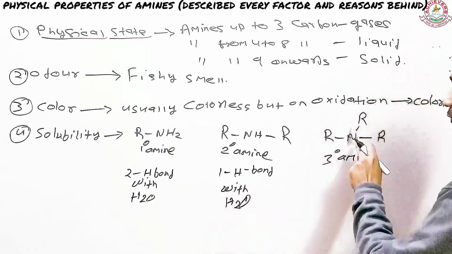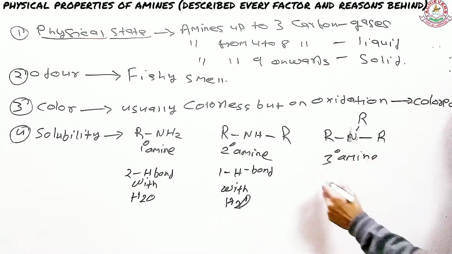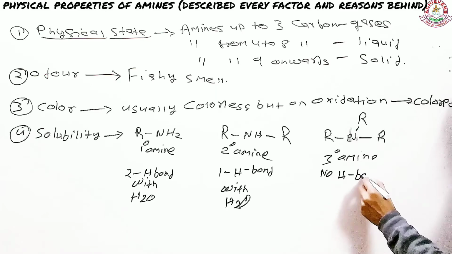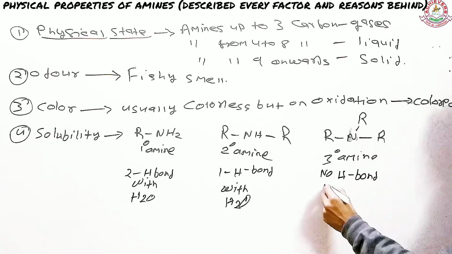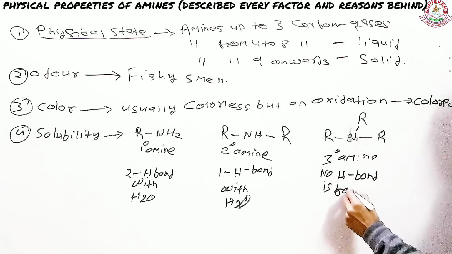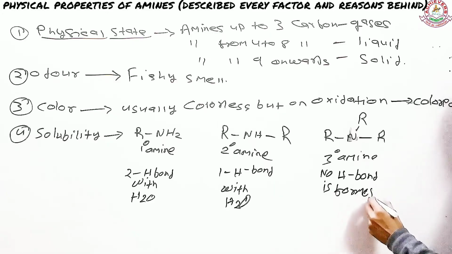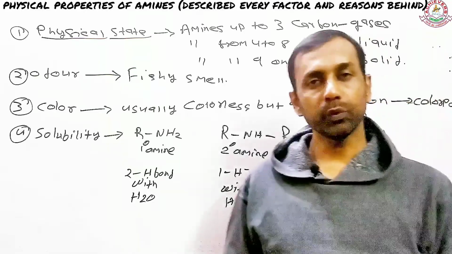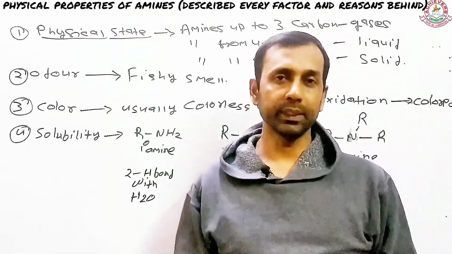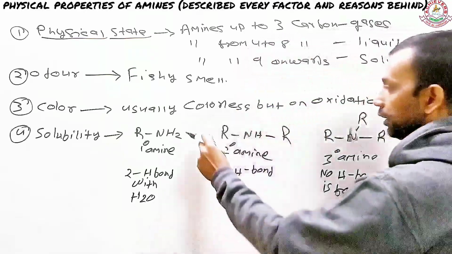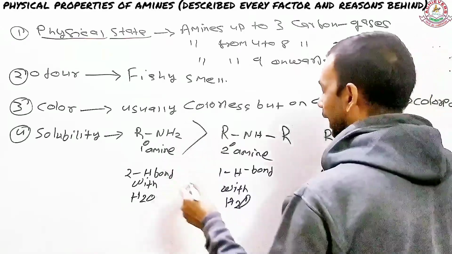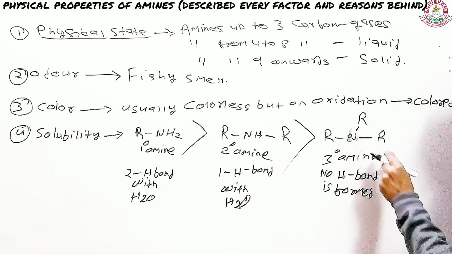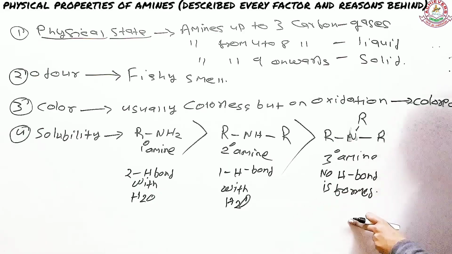There, as you can see, there is no hydrogen left, so no H bond is formed. So you have probably understood that the more the number of hydrogen bonds with water, the greater the solubility. Hence, the solubility of primary amine is highest compared to the secondary, and this one has the lowest solubility. So this is the trend of solubility.